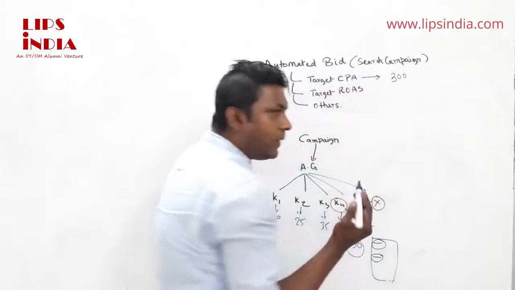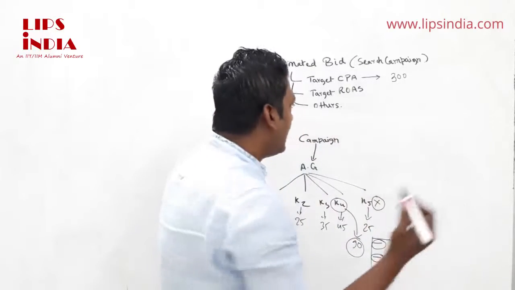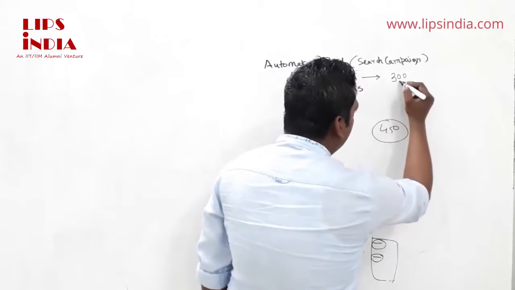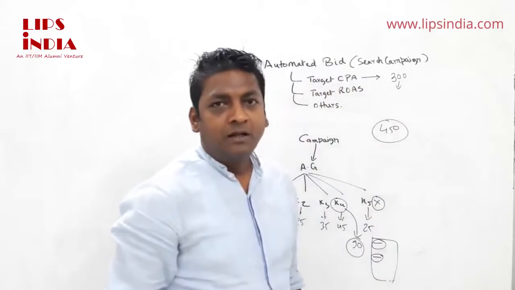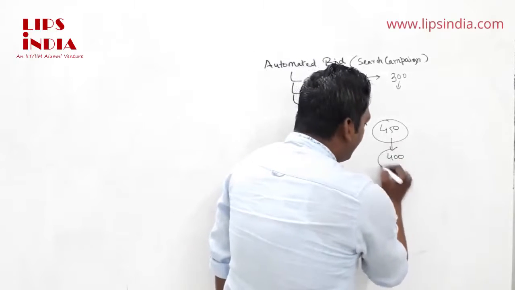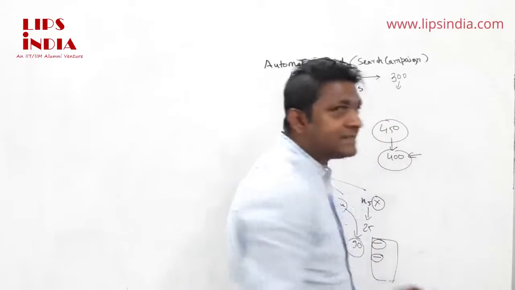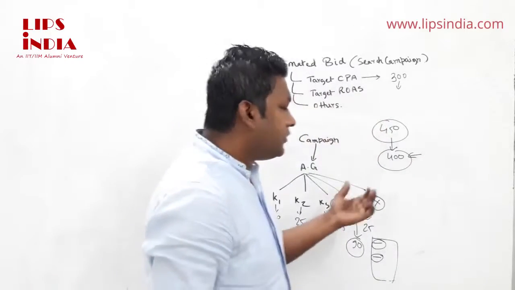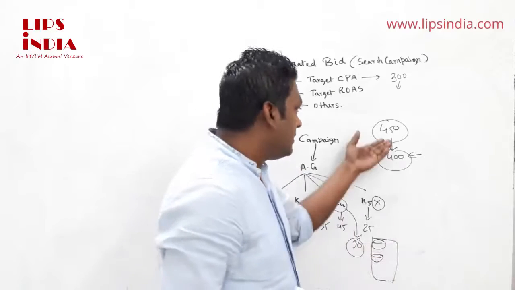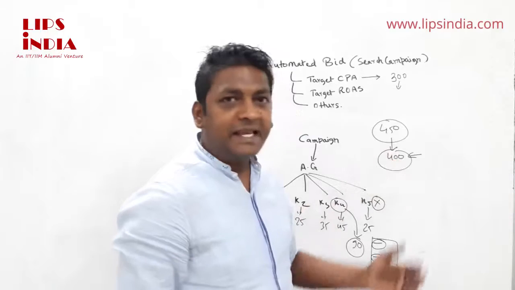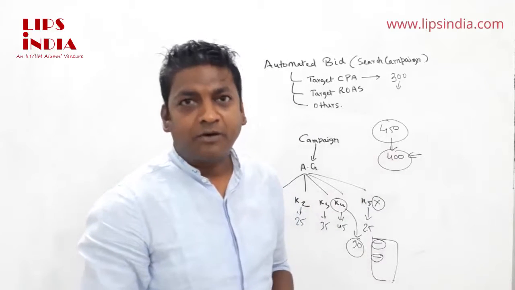So let's say while you were manually bidding yourself, your cost per acquisition was something like 450 rupees, and you set a target of 300 rupees for Google. Google might be able to get this conversion to you at 400 rupees. But this does not necessarily mean that your campaign is optimized, because you will also have to look at the number of conversions. You brought down the cost per acquisition, but let's say the number of conversions also goes down drastically.